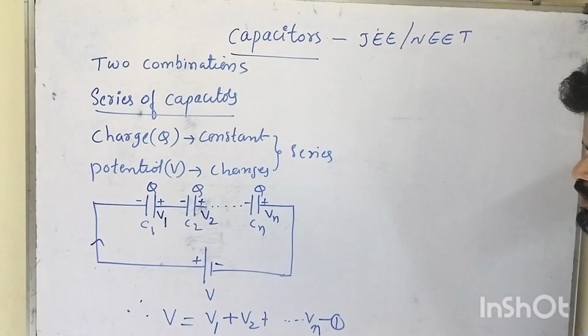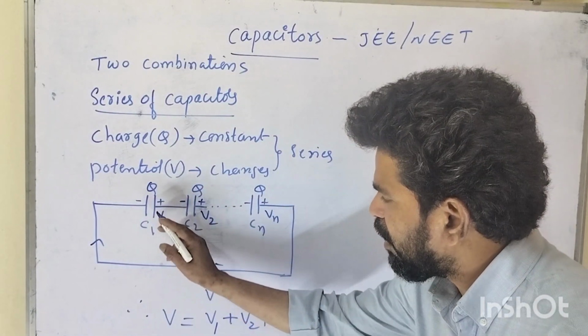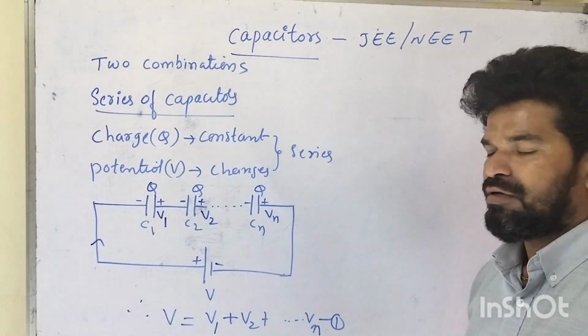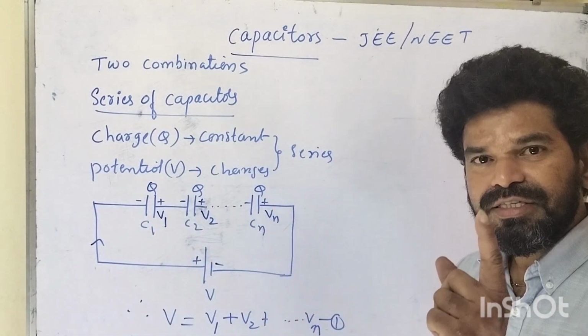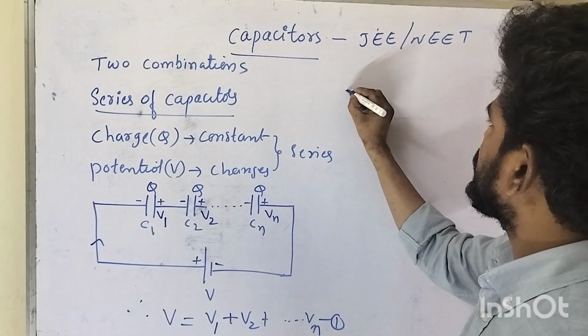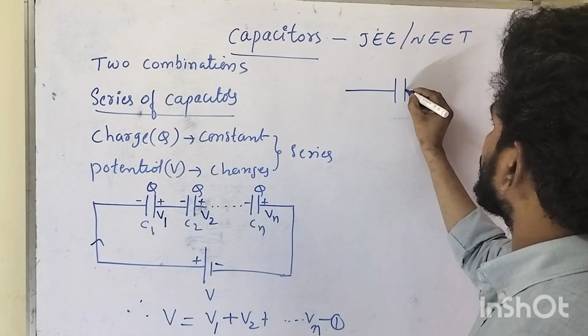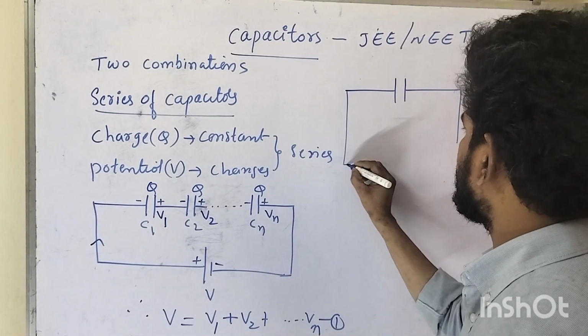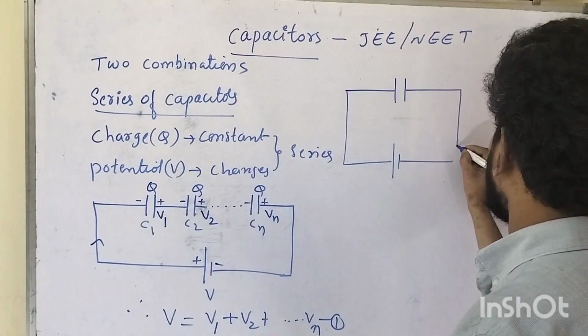These n capacitors are combined to form a single capacitor like this, which is the effective capacitor of all the capacitors.